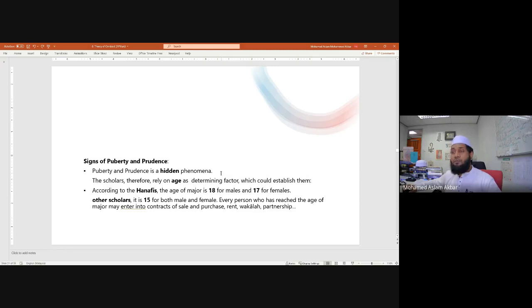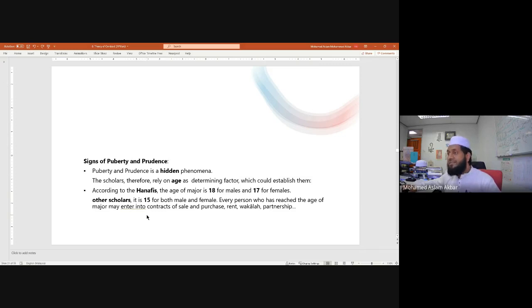Puberty is a hidden phenomenon. The scholars therefore rely on age as the determining factor which could establish it. According to Hanafi, the age of major is 18 for males and 17 for females. For other scholars, it is 15 for both male and female.